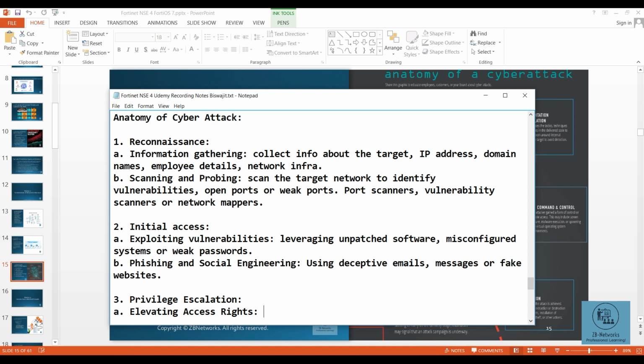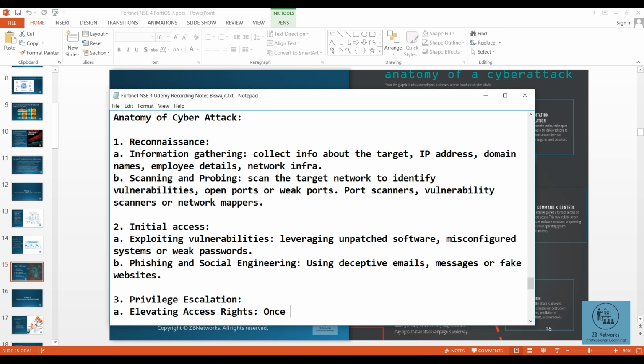So in this step, called elevating access rights, once the attacker gains the initial access to the device or the system, the attacker will attempt to gain higher privileges or administrative access, which will allow them to move laterally within the network and access more sensitive data or resources.